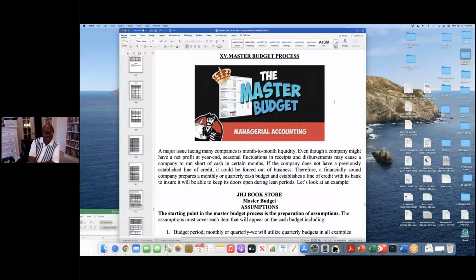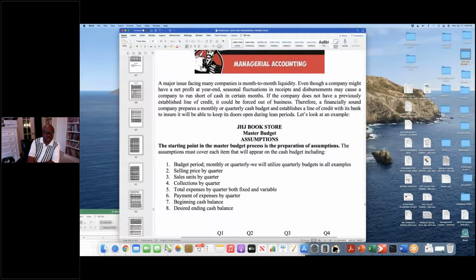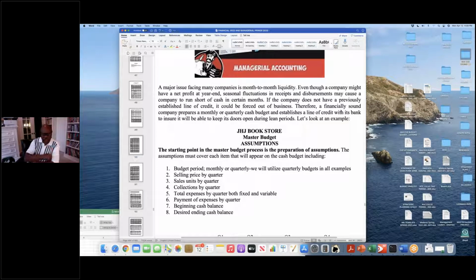So let's look at what's involved and what we're trying to do is to say, given some assumptions that we have, do we have enough money to pay our bills? And we're on a quarterly basis here. In actual practice, it will be monthly.